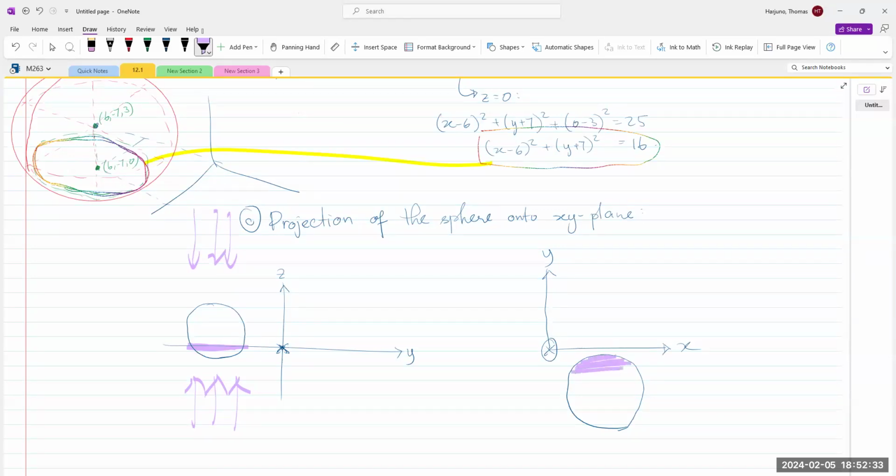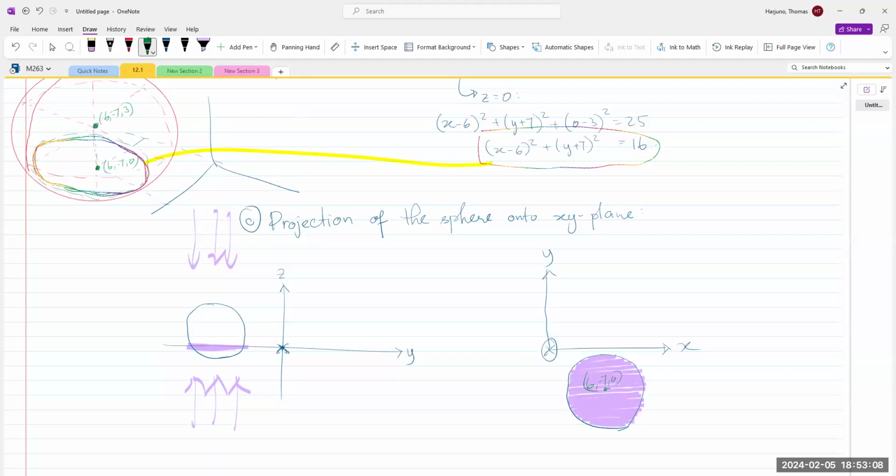Now the projection to the ground will actually become not a circle. A circle refers to only those coordinates at equal distance from the center. No, it is not a circle. We call this a disk. A disk is all the coordinates with distance at most, in this case, 5 units from the center. So the center is (6, -7, 0), right?